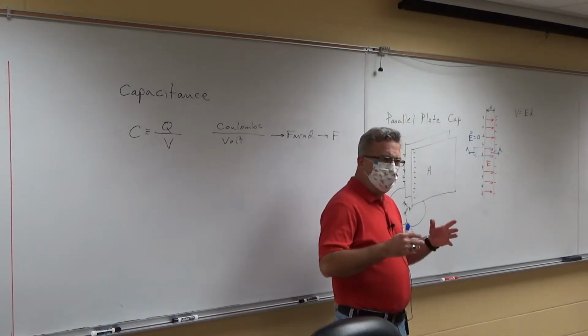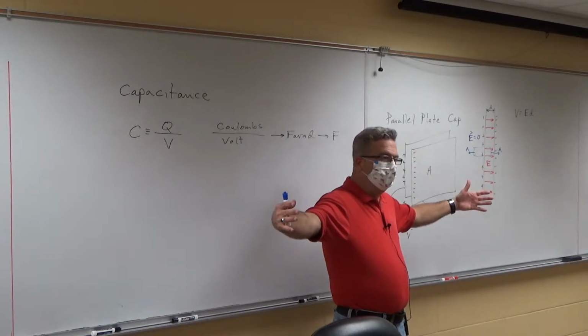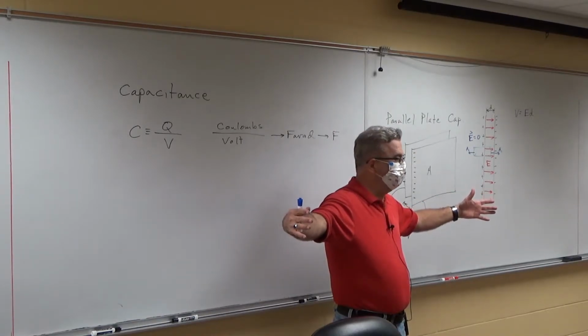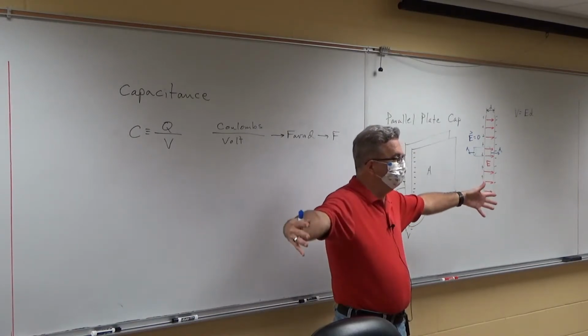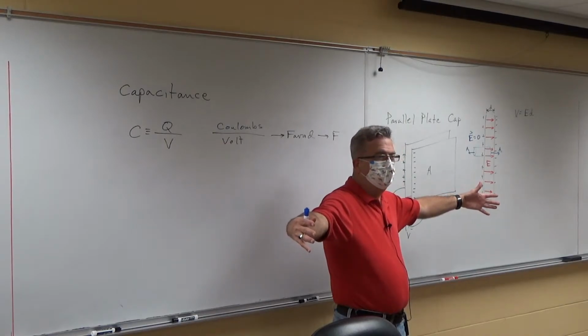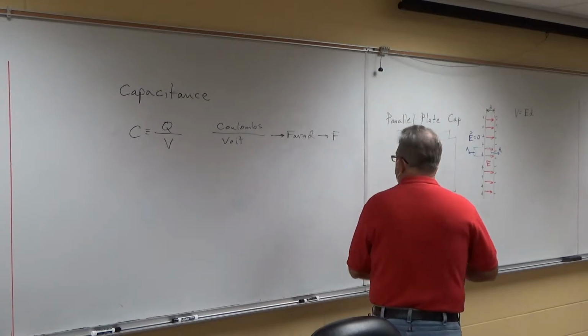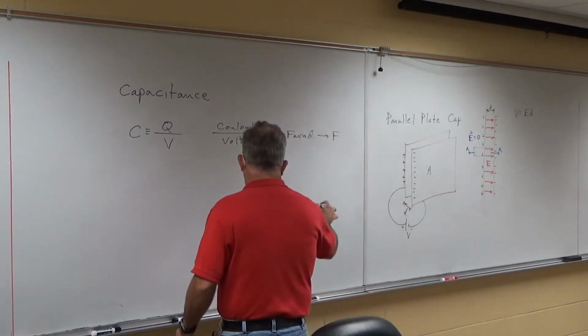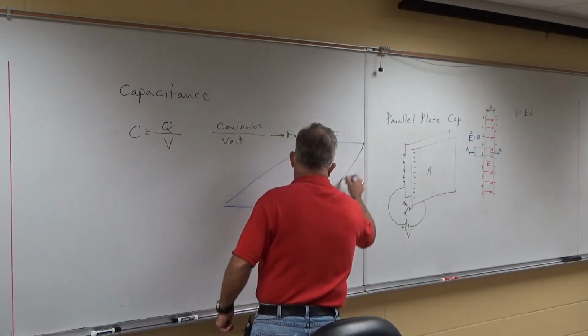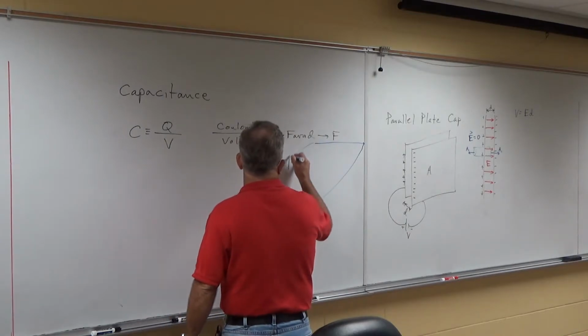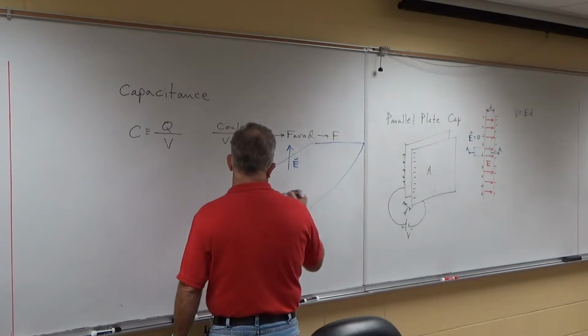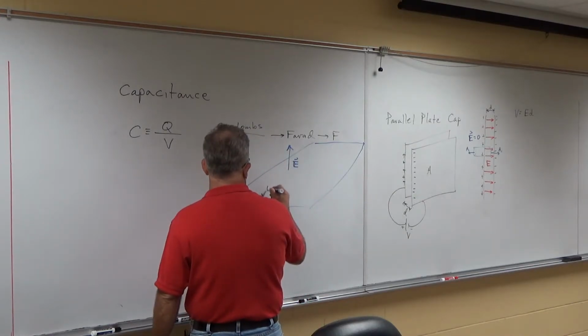I can also think about it like when we calculated the electric field due to this infinite sheet of charge. Do you remember the result we got for that? You got this big area of charge, and let's say it's positively charged everywhere.